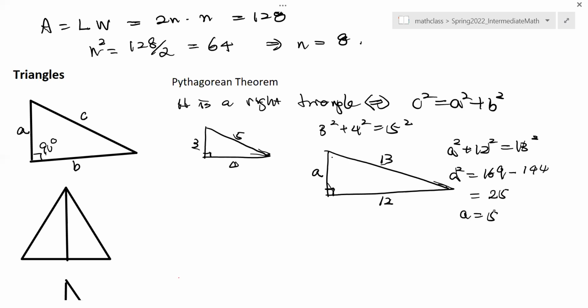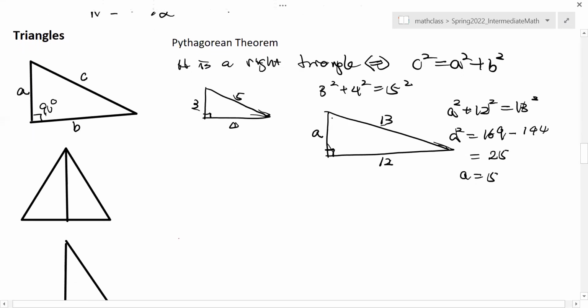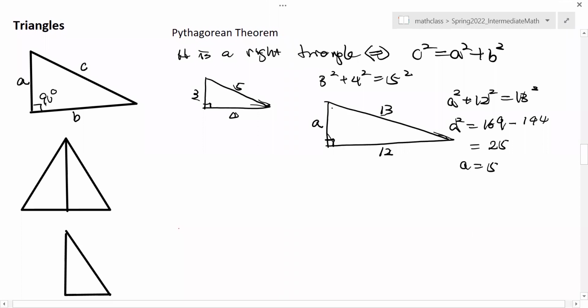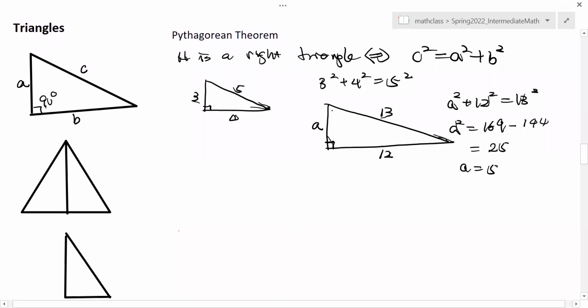That's good. All right. Now I'm going to consider a special triangle, which is a 30 degree, 60 degree, and 90 degree triangle.